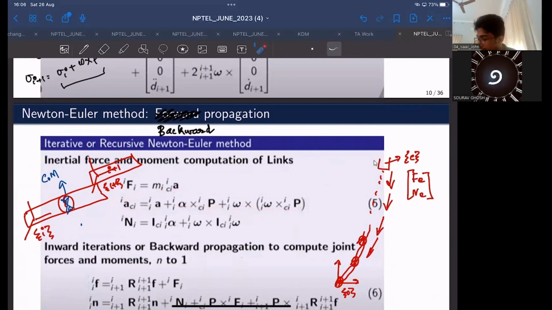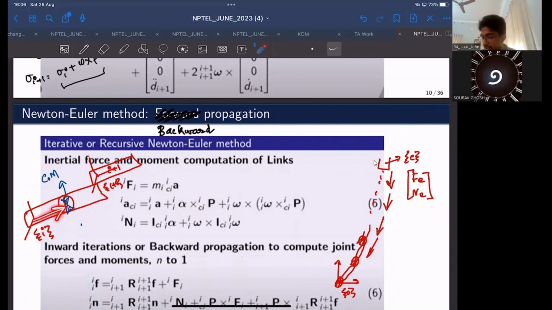The acceleration of the center of mass is nothing but the acceleration of this point, the ith frame, plus the tangential component, that is alpha cross, if the ith frame has an angular acceleration alpha_i, and this quantity P_Ci is nothing but the distance between the frame i and the center of mass.